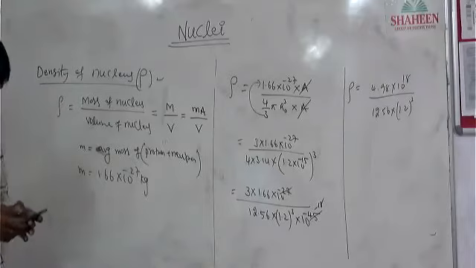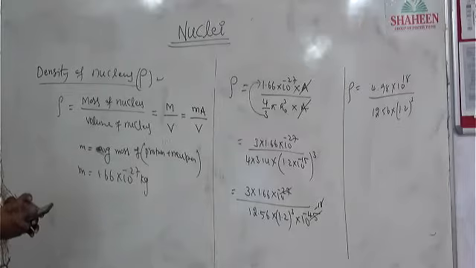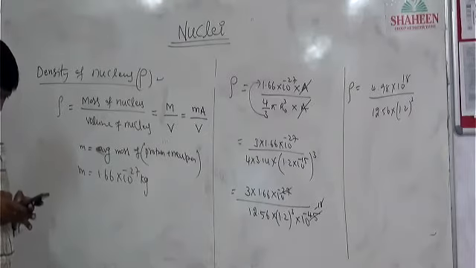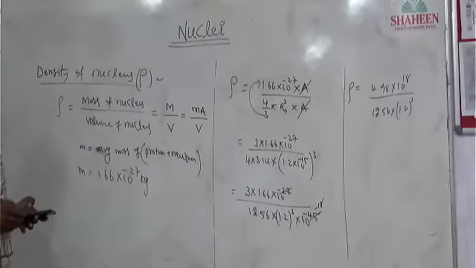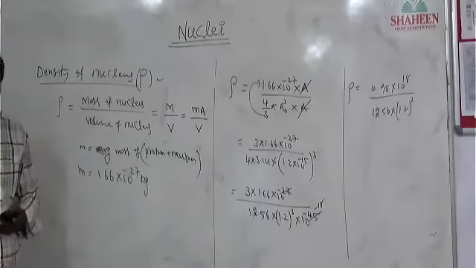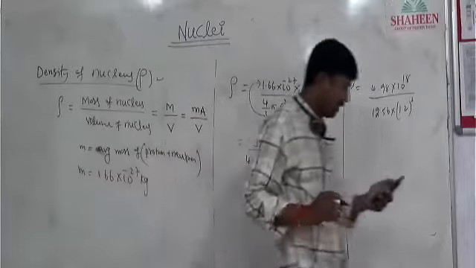The numerator is 4.98. 1.2 into 1.2 into 1.2, that is 1.2 whole cube, is 1.728. So the denominator totally is 21.7.